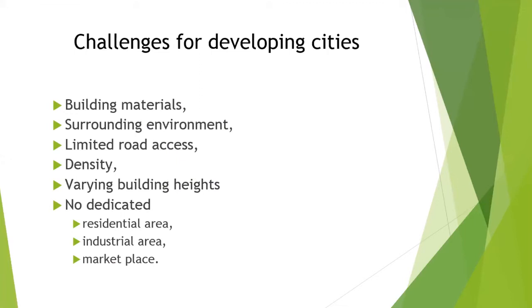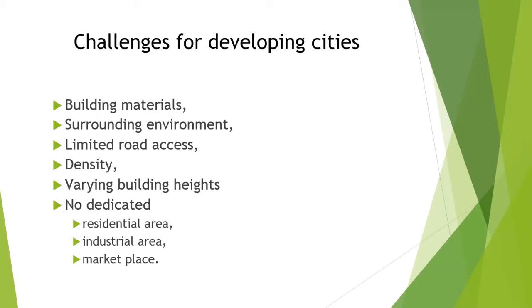The building materials are almost the same, because I studied in the USA, and I found that the residential areas and neighborhoods are all mostly the same. Building materials are the same in those areas. The industrial area is very separated from other areas. In the commercial area, very big buildings are there. So for this kind of developed country, it is very easy to get that information from satellite images.